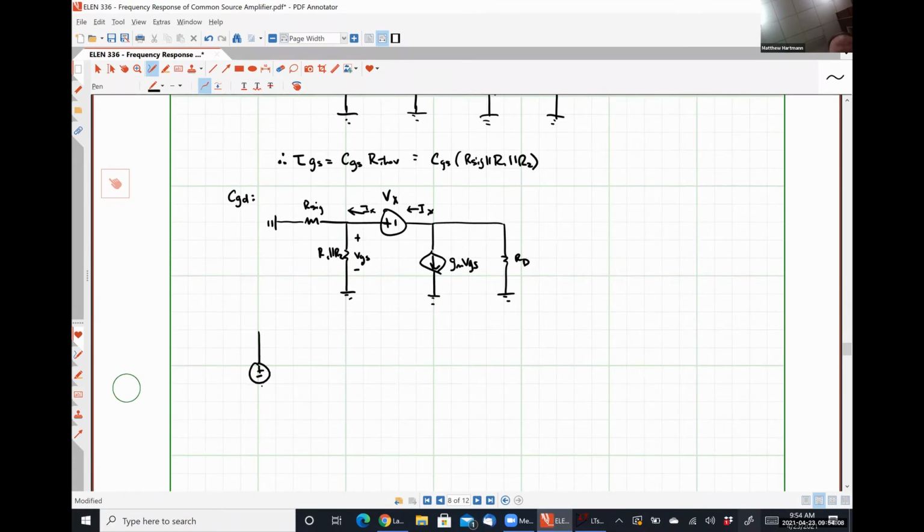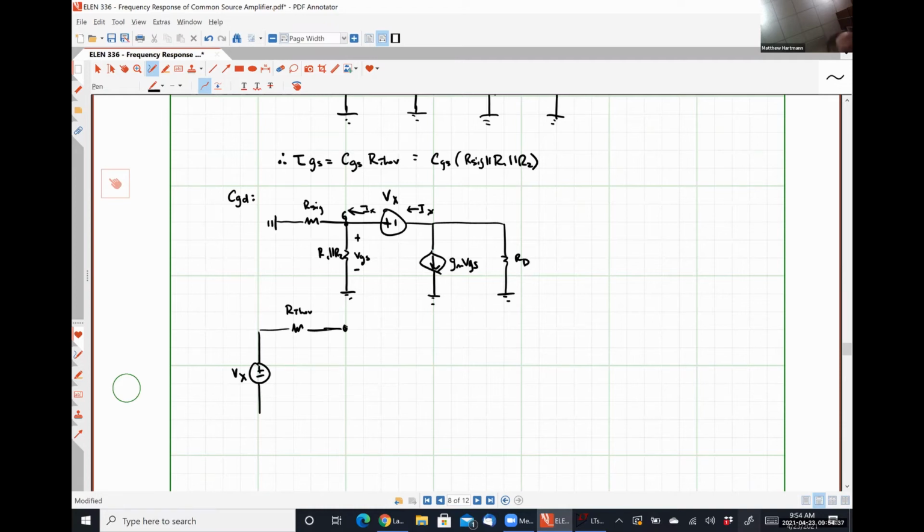So starting with VX, at this node right here, which is our gate, we see our resistance R thev, which is just R sig in parallel with R1 in parallel with R2. I just want to be clear about that. This node right here is where ground was.